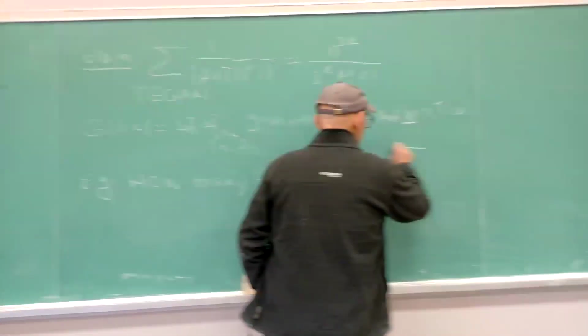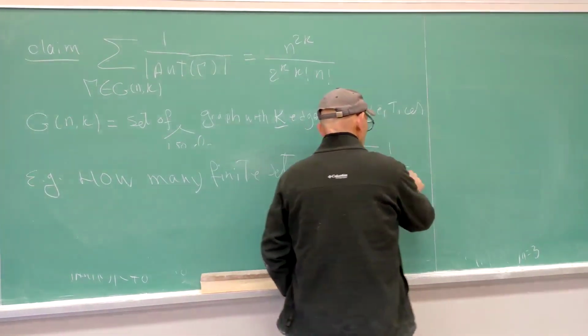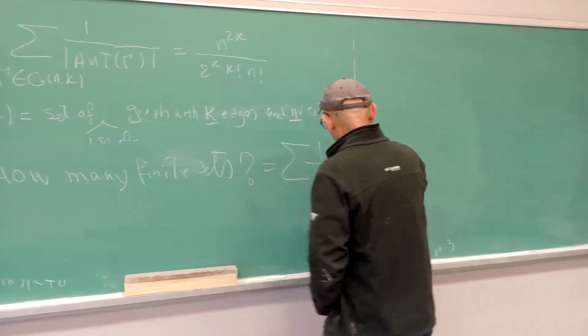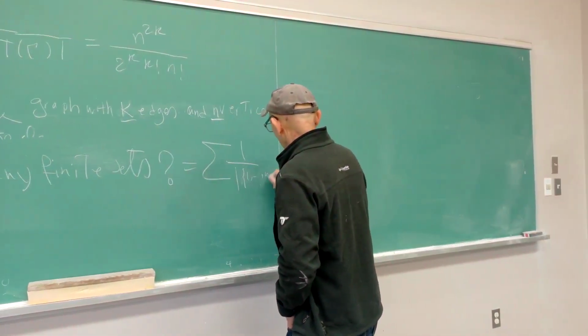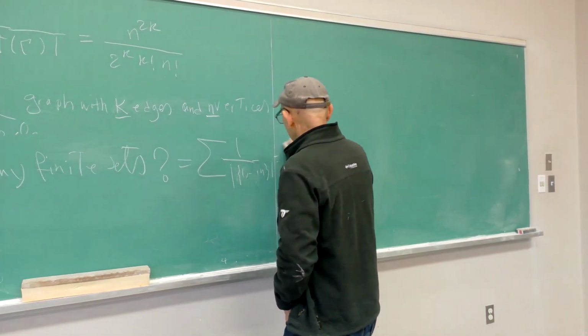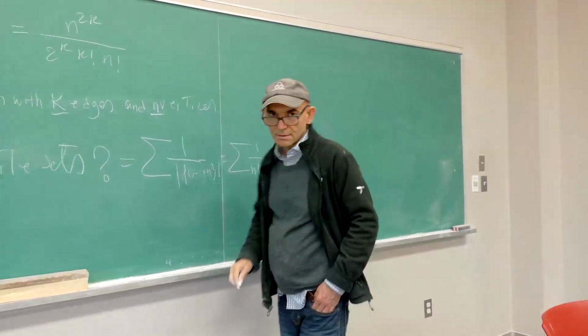So this is equal to the sum of 1 over the order of the automorphism group of the set 1 to n, which is the sum of 1 over n factorial, and that's e.